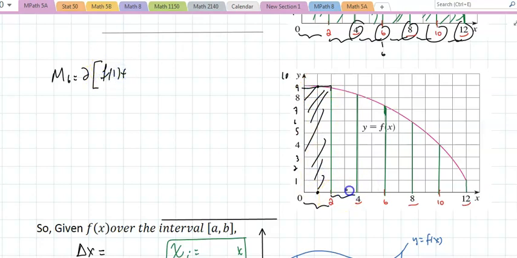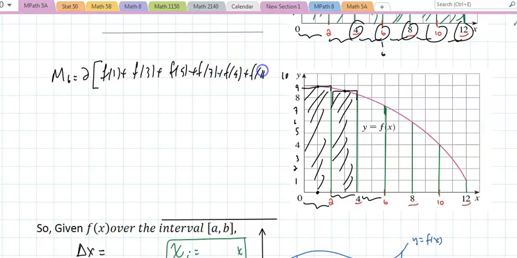Plus, when I look at the second interval, I'm going to take the midpoint to be the height. F of 3 plus f of 5 plus f of 7 plus f of 9 plus f of 11. When you're done, 1, 2, 3, 4, 5, and 6.